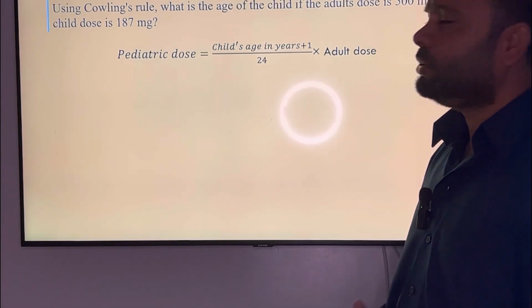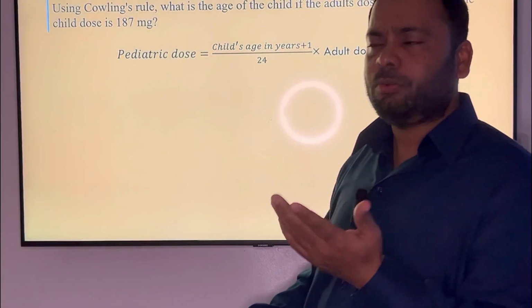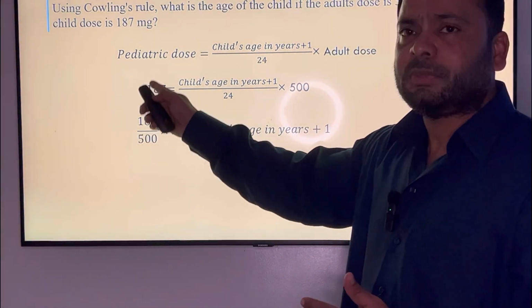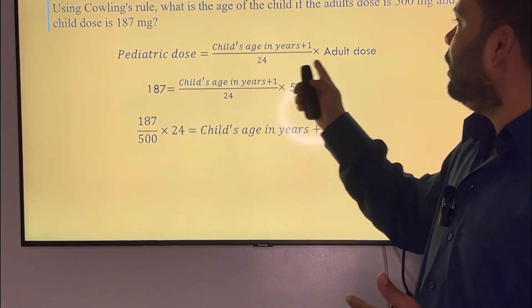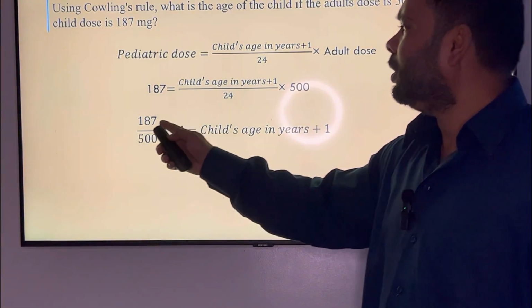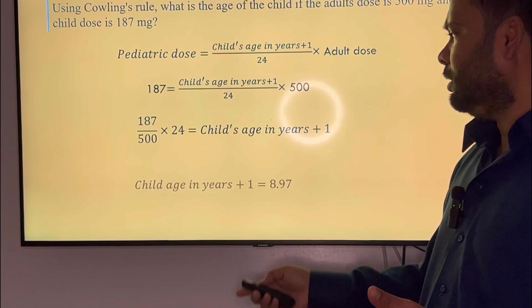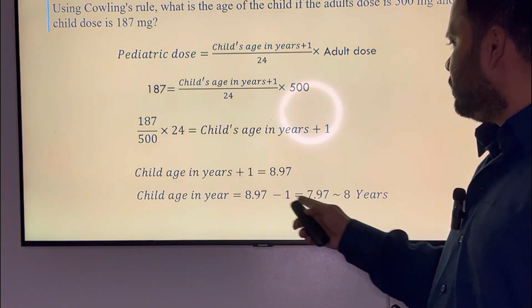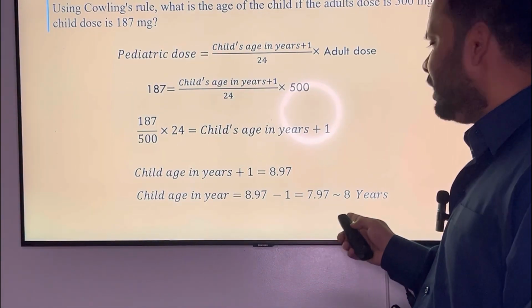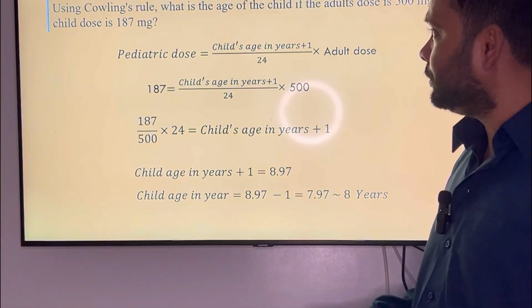I just have to rearrange this formula and calculate the child age. So I put the dose as 187 and the adult dose as 500 milligram, rearrange this formula, and the child age is 7.97, that is approximately 8 years.